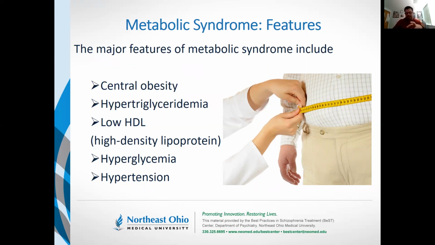There's a slide later on that will go into detail about that also. Hypertriglyceridemia. Low HDL, which stands for high density lipoprotein. So HDL we know is our good cholesterol. So if it's less than a certain level, that contributes to heart disease. Hyperglycemia and hypertension.